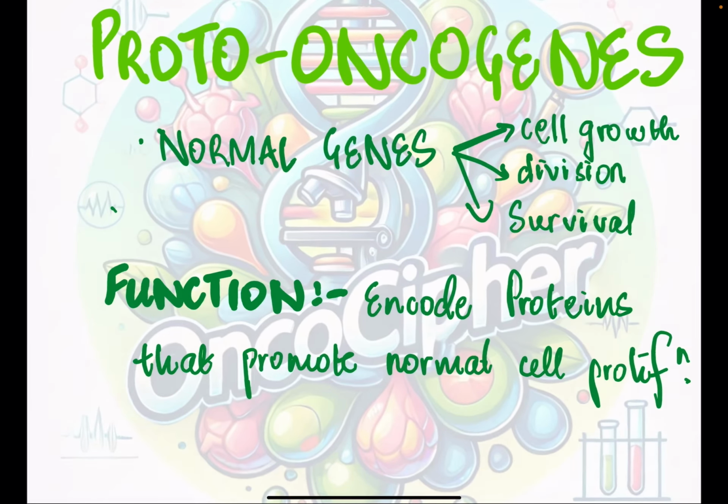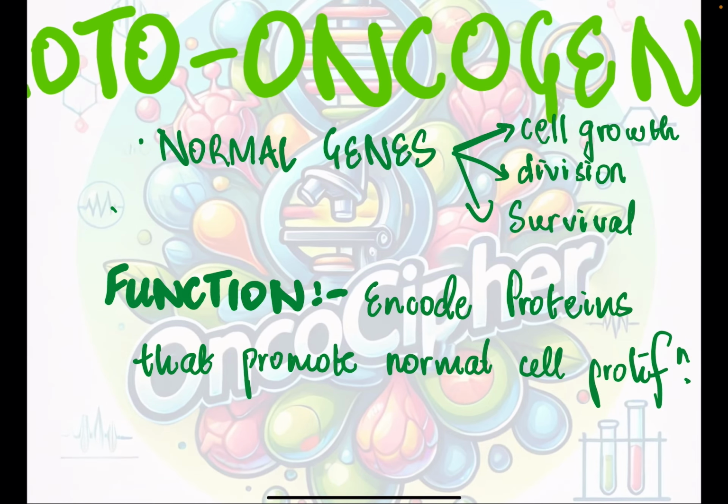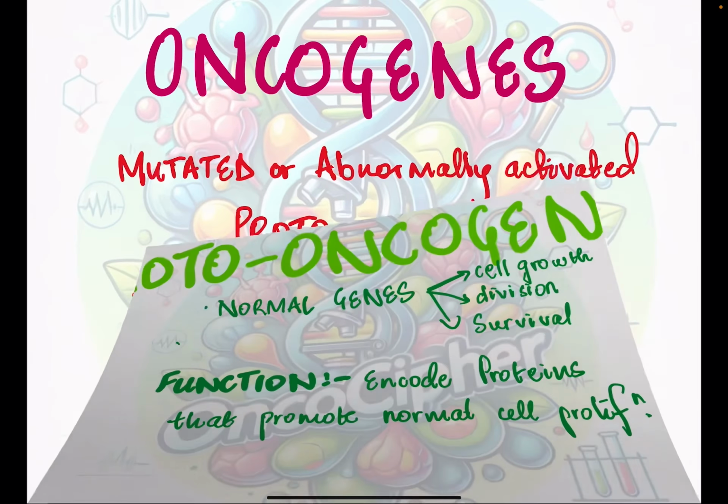So, proto-oncogenes are normal genes which are responsible for cell growth, cell division, and cell survival. Their main function is to encode proteins that promote normal cell proliferation. So, what are oncogenes then?